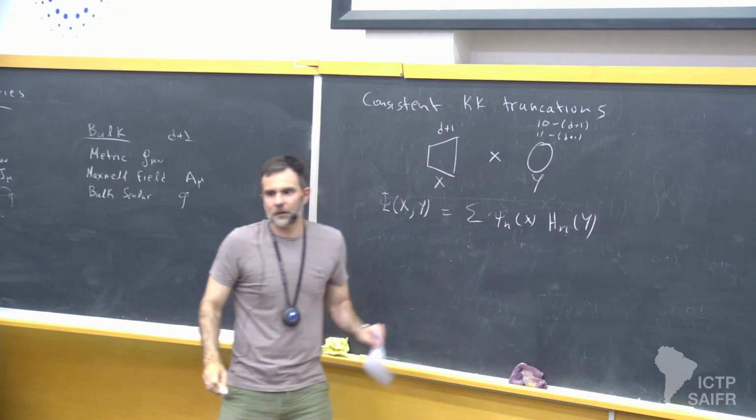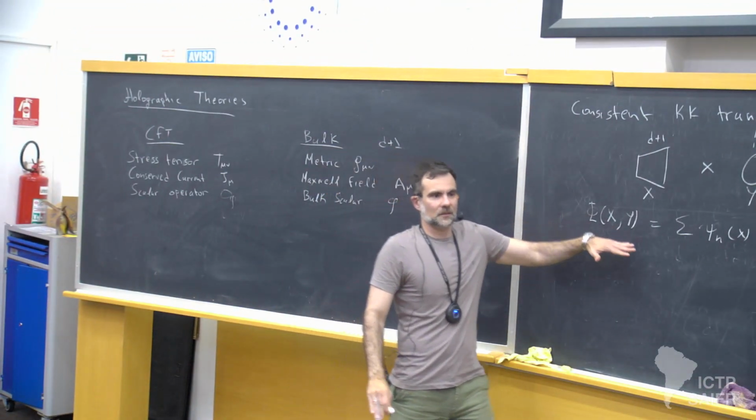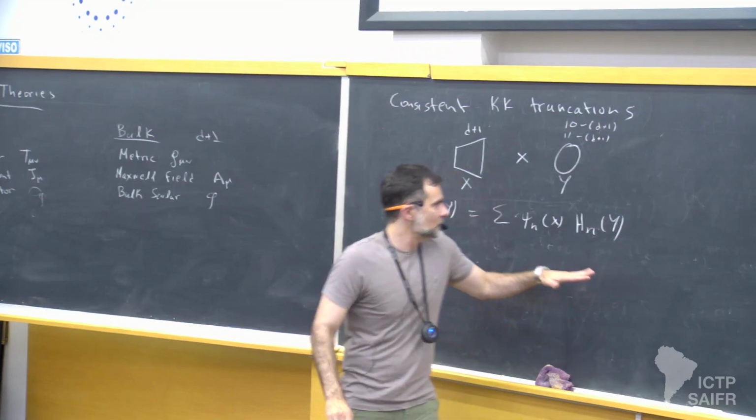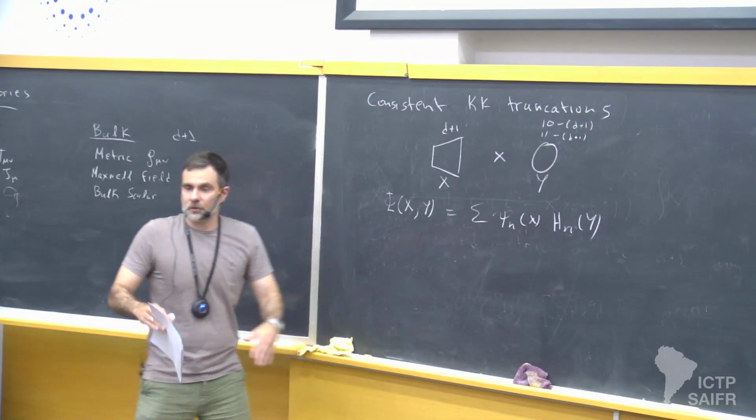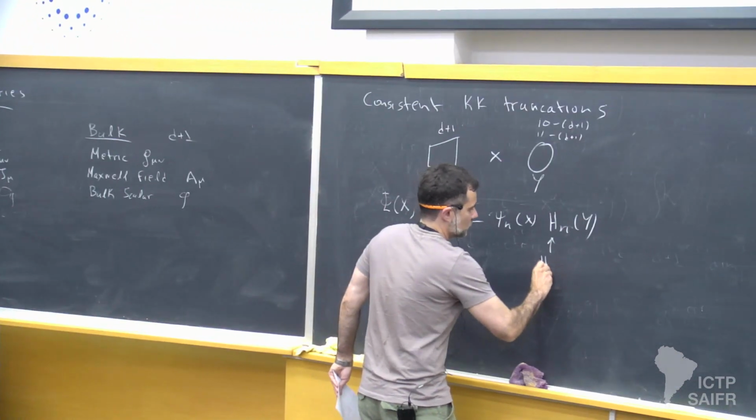Harmonic functions are complete sets of functions, so I can in principle expand any 10 or 11 dimensional function in terms of these harmonic functions, right? So this is the harmonic expansion.